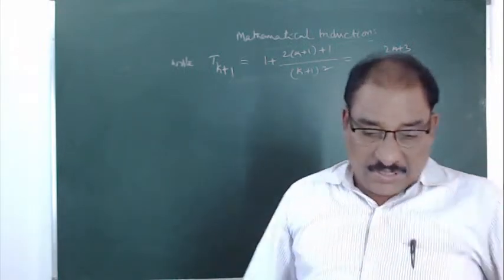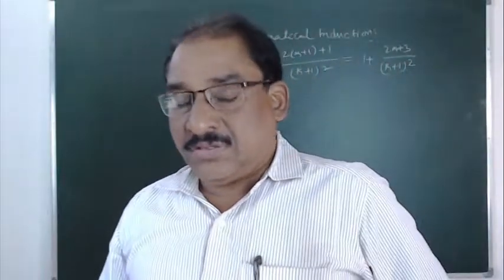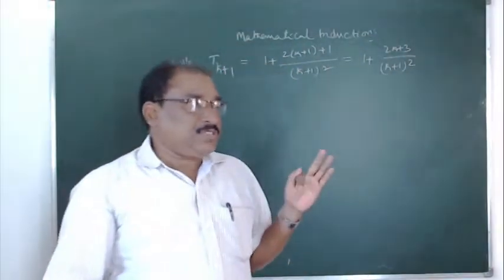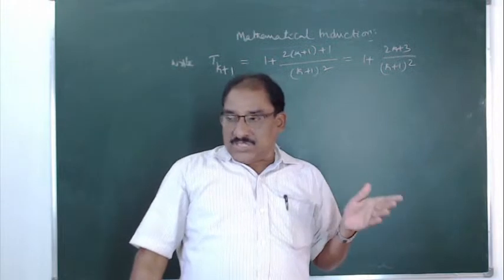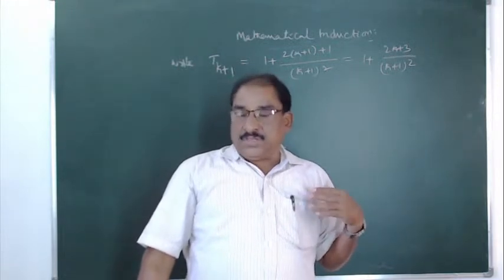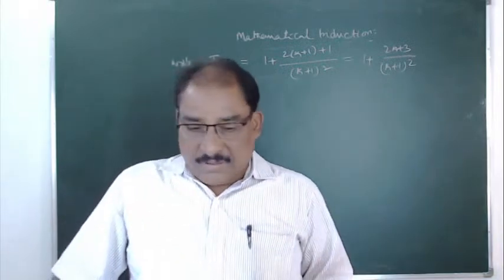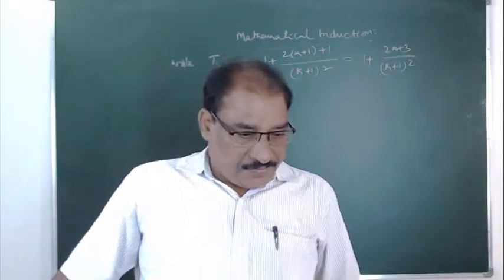Yeah, here the problem is a multiplicative series. So we multiply the k plus 1th term on both sides. Okay? The LHS and RHS are multiplied with the k plus 1th term.